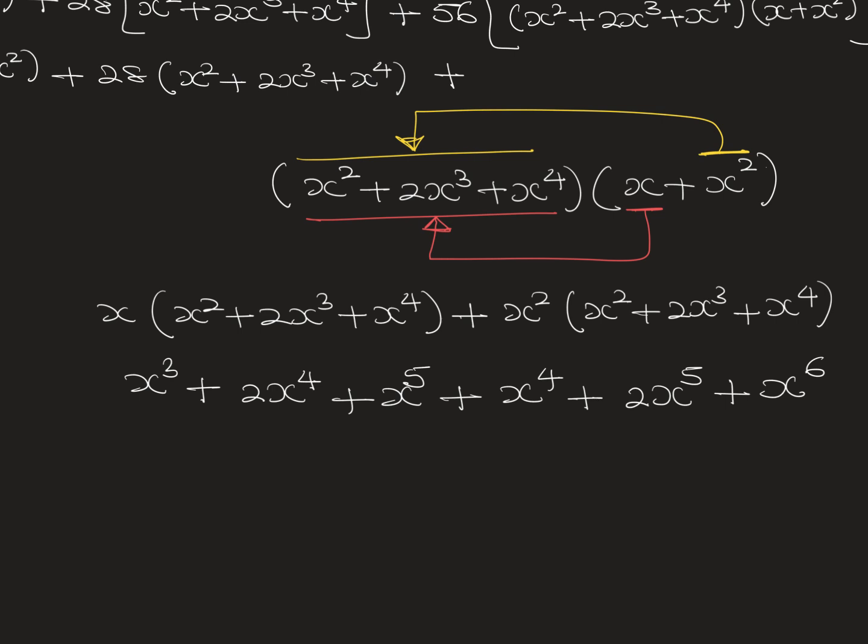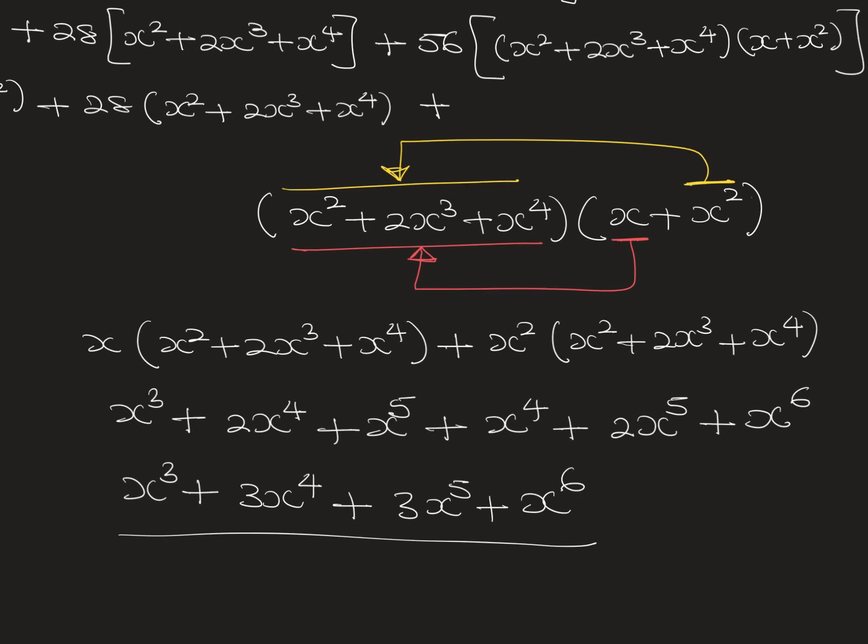So if we further simplify this, we'll have x to the power 3 plus 2x to the power 4 plus x to the power 4 is 3x to the power 4, plus x to the power 5 plus 2x to the power 5 is 3x to the power 5, then plus x to the power 6. So this is the answer that we have.